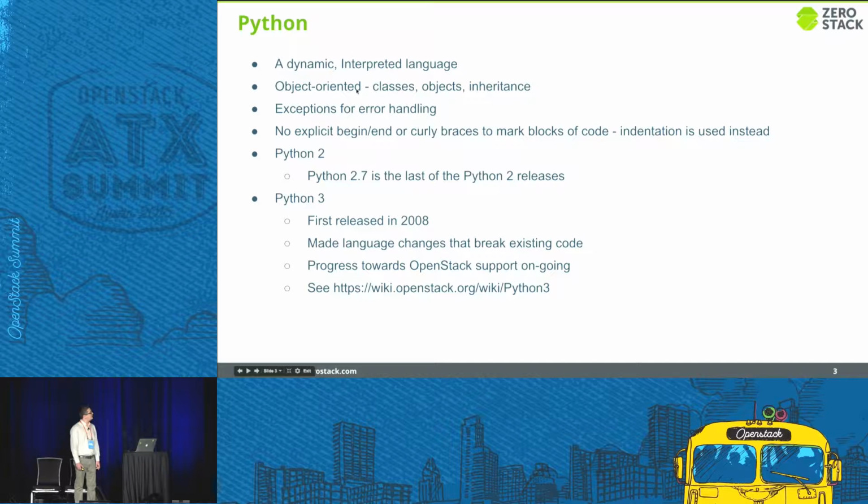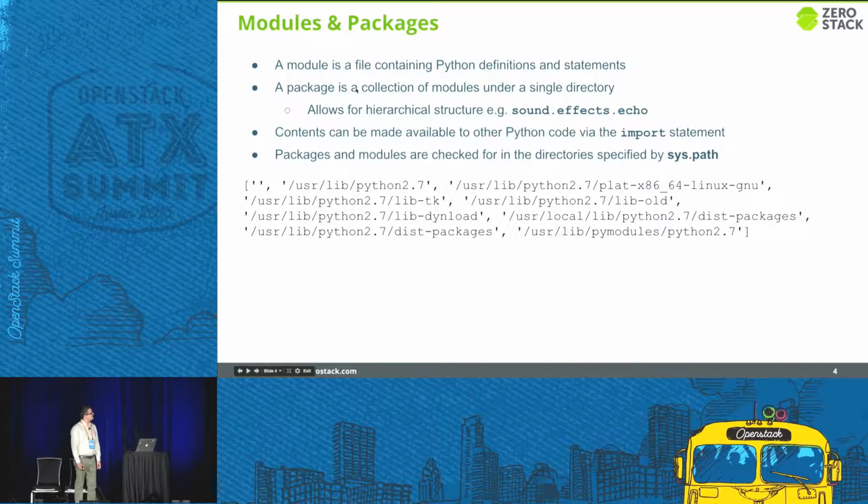Okay, so moving on. How are Python modules and applications actually structured? They're structured into modules and packages. A module is a single .py file, which is a collection of definitions and statements, actually the core logic.